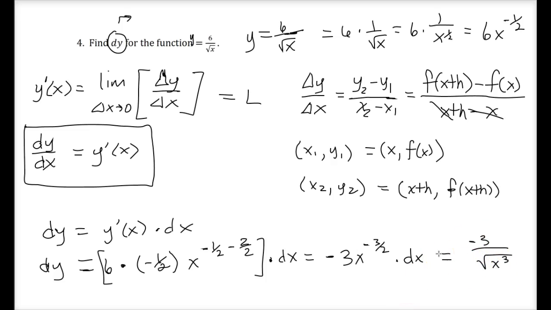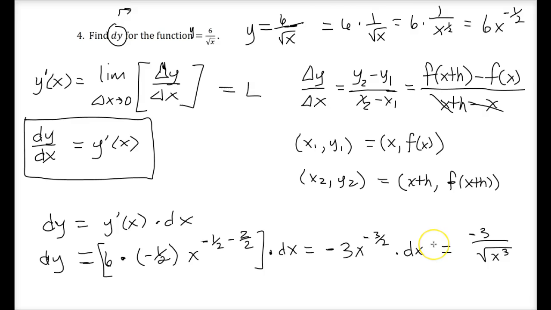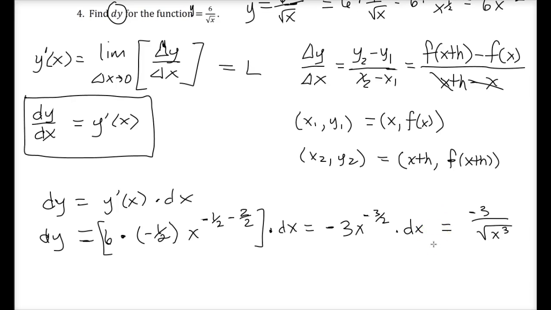Okay? And just in case you may have forgotten the power rules, when switching everything from a fractional exponent to a root, we know that this is the relationship in between.